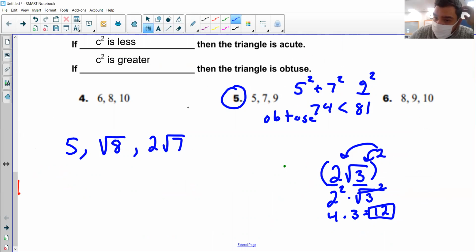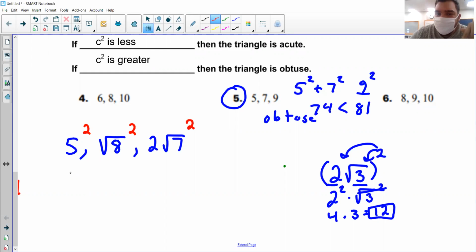So you're gonna square root that, and then square root 2, which is gonna be a 4, and then you get 7. Remember, this is squaring it. Squaring and square rooting are 2 different things, so I don't want you to get confused. So let's just talk about one number at a time.